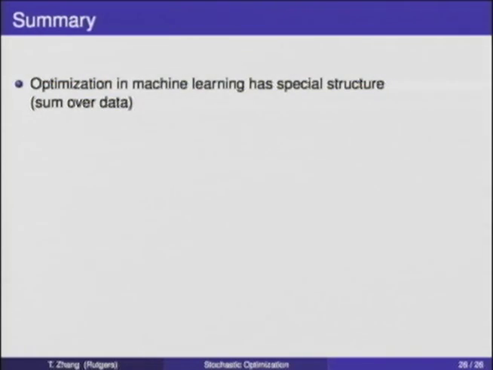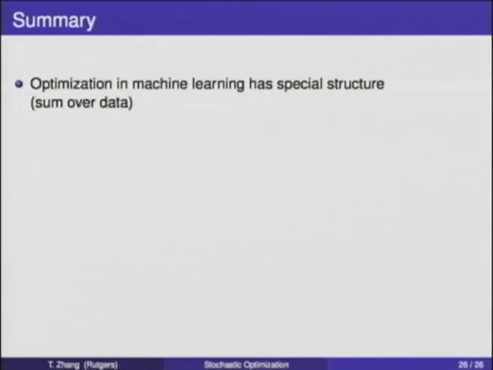So in summary, what we have is optimization in machine learning. People asked me, like Nina asked, what machine learning brings to optimization. I would say one thing is a new problem, with this particular structure: a sum over the data, which hasn't been seriously looked at by the optimization community.